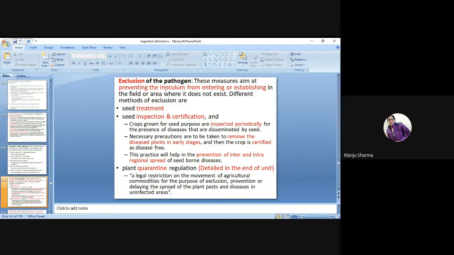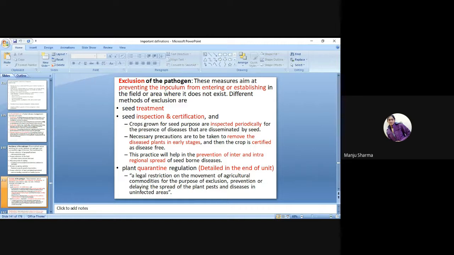Necessary precautions are to be taken to remove the diseased plants in early stages, and then the crop is certified as disease free. This practice will help in the prevention of inter and intra-regional spread of seed-borne diseases.